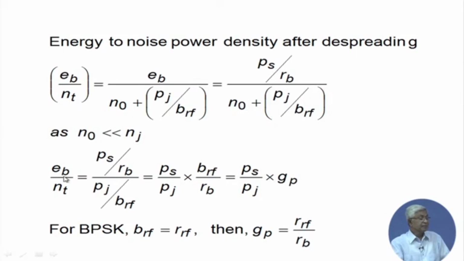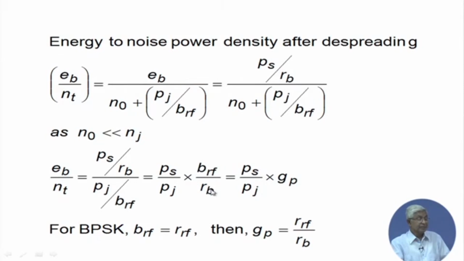Then EB by NT is PS by RB divided by PJ by BRF. So in terms of power we can put PS by PJ into BRF by RB. This BRF by RB is called the gain. BRF is the total spread, RB is the individual bit rate.